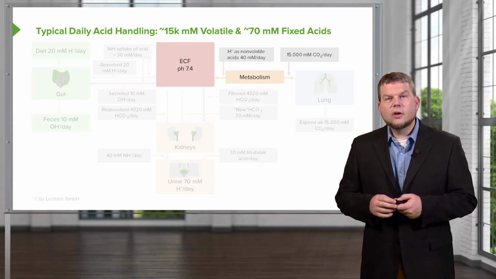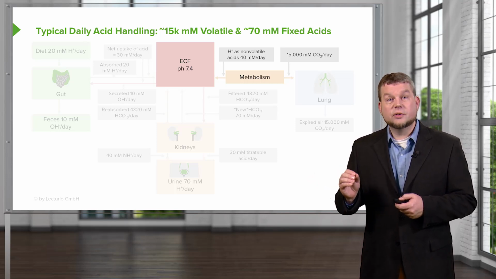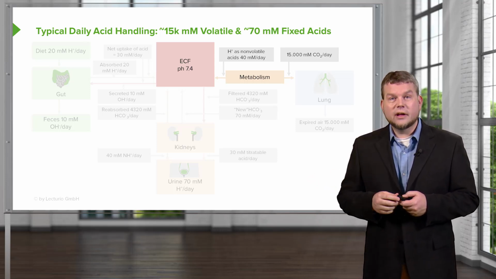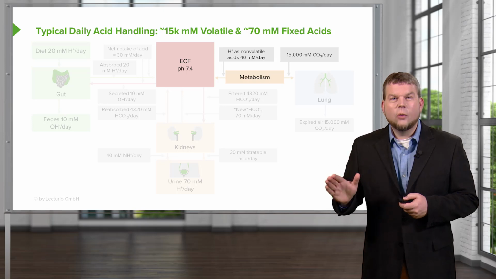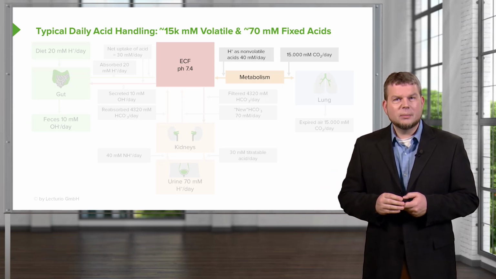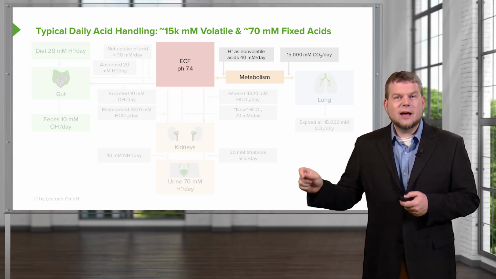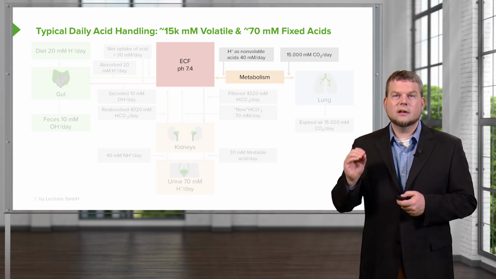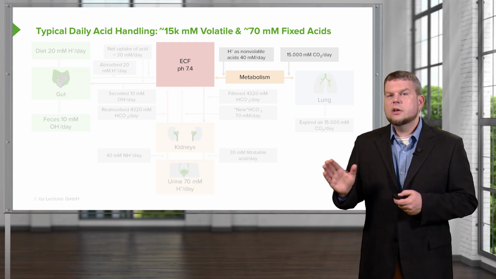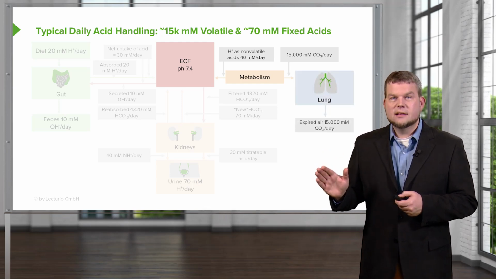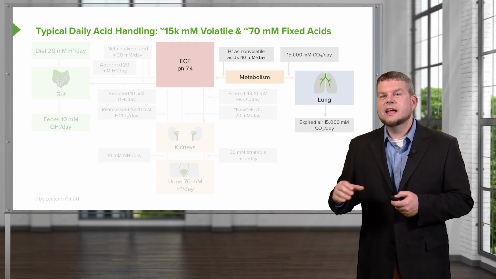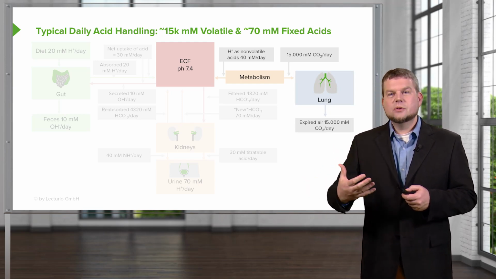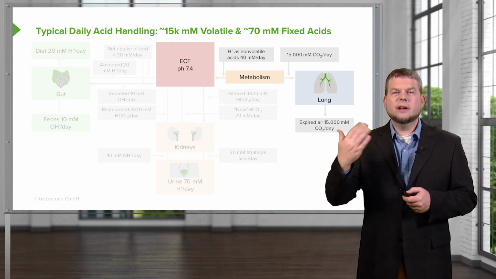Interestingly, there is also a little bit of acid that's produced from non-volatile acids. Only about 40 millimole. So if you think about this, 15,000 volatile, 40 millimole were the non-volatile. What do you do with these volatile acids? It's very easy. You just take CO2 to the lungs and you breathe it out.